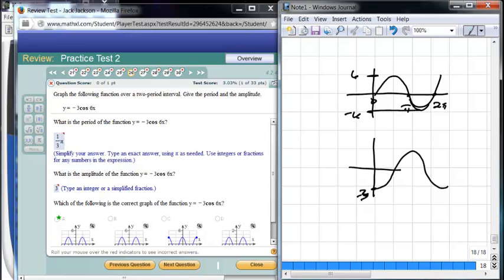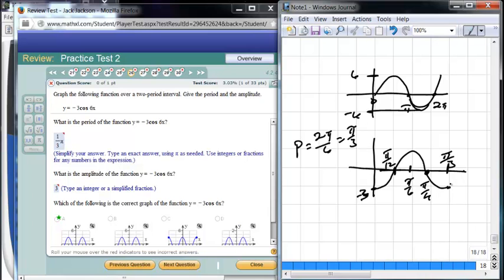Now we also have 6x, so the period now is 2 pi divided by 6, or pi over 3. So this guy right here is going to be pi over 3. Of course, this will be half of that. This is pi over 6, and this is pi over 12, and this is 3 pi over 12, which is pi over 4.